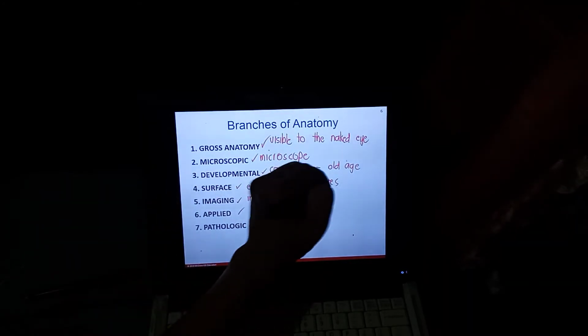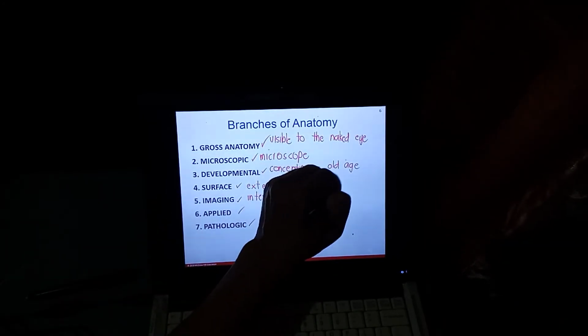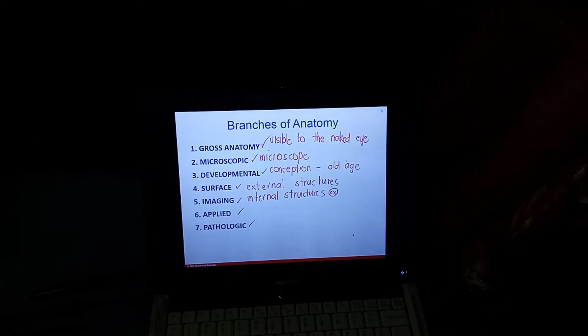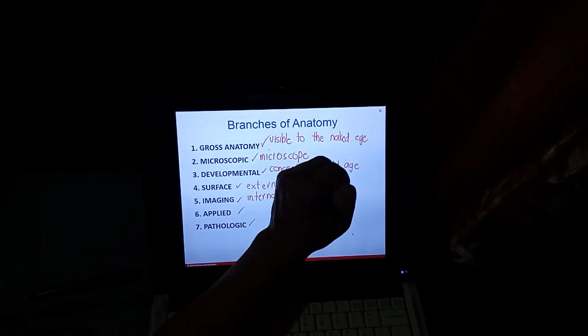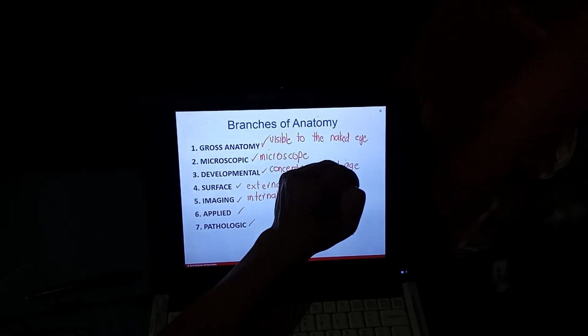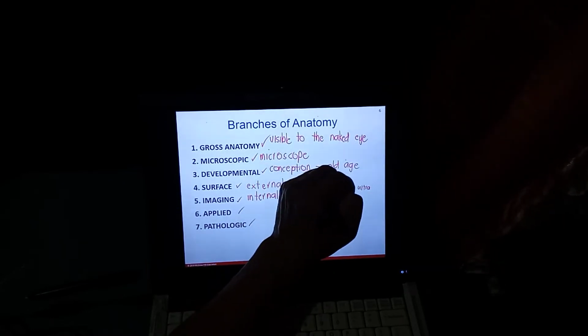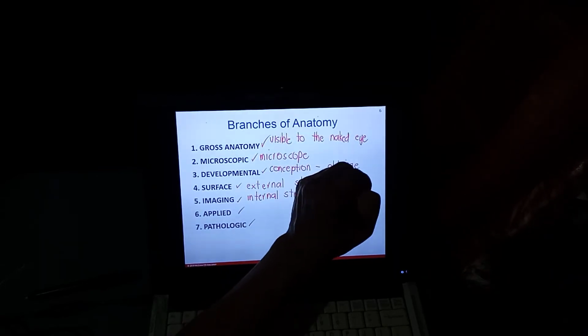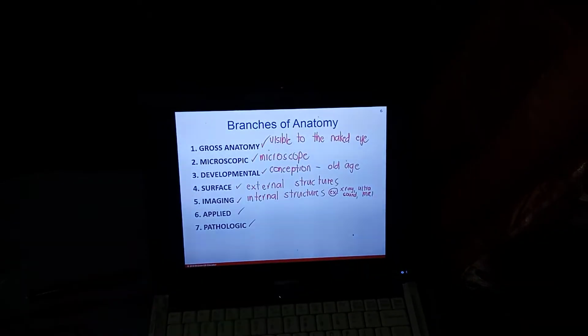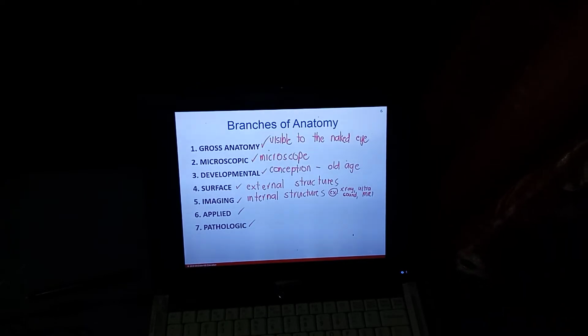What are the examples of the imaging branch of anatomy? It includes x-rays, ultrasound, and MRI.